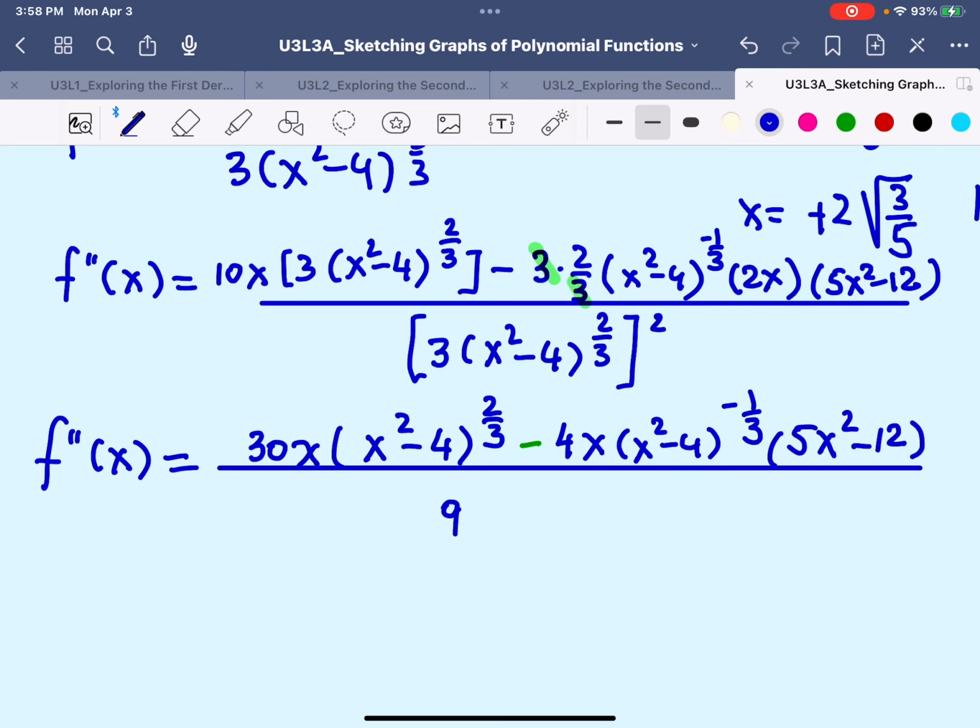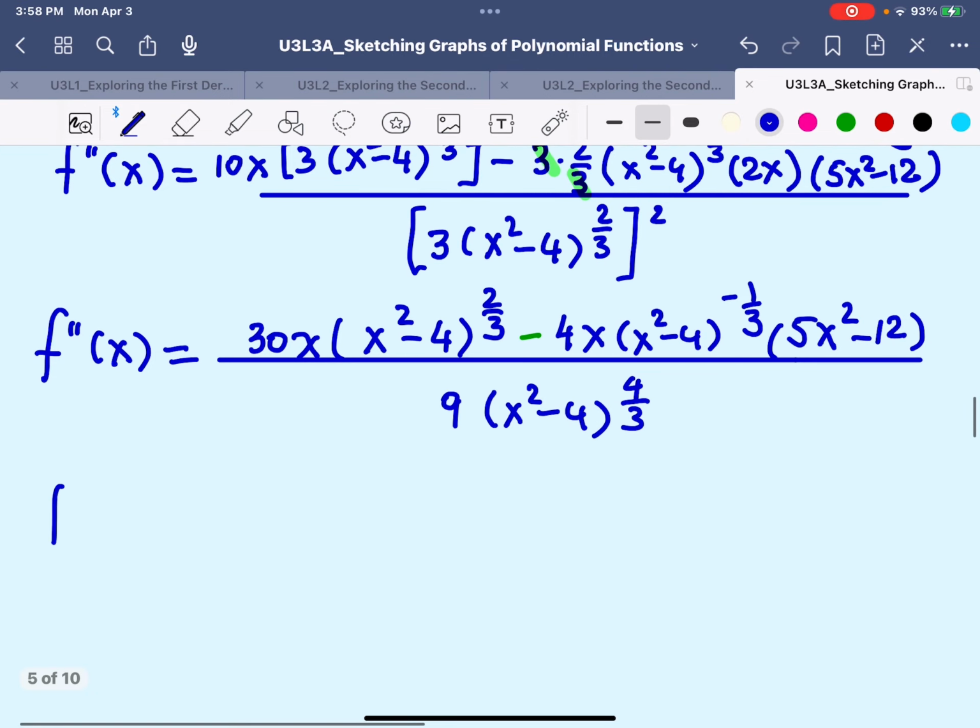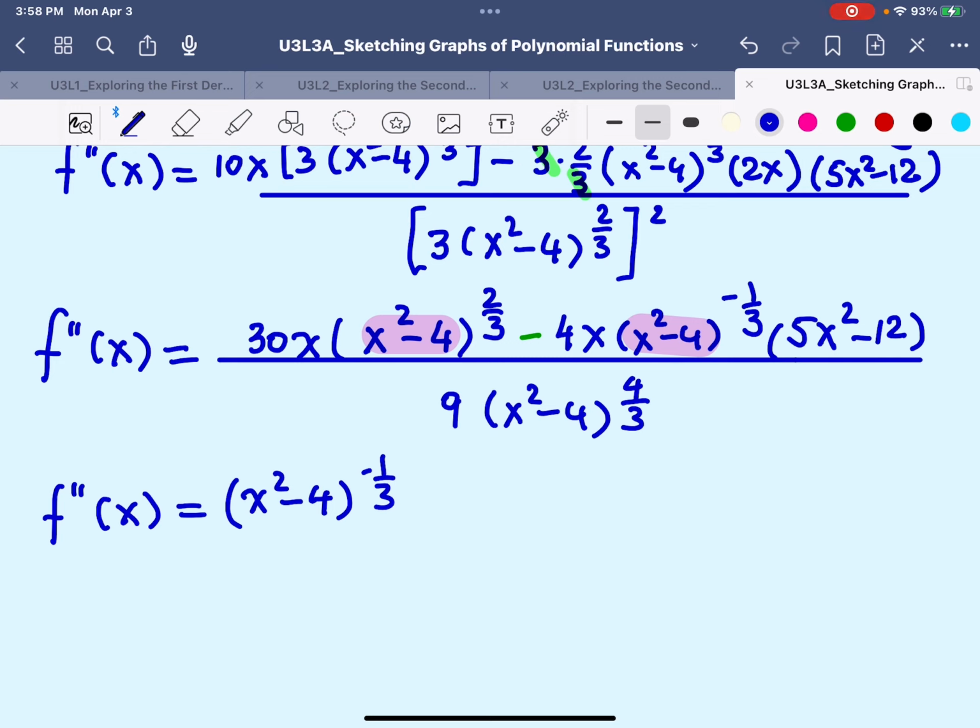And this will go 9 (x squared minus 4) to the power of 2 over 3 squared, which will make the power 4 over 3. So f''(x) equals, so let's take out the common factors. We have a common factor of (x squared minus 4), lowest power is negative 1 over 3. We have a common factor of x in here, so we're going to have 30 and 4 common of 2 as well. So we have 2x, which is common.